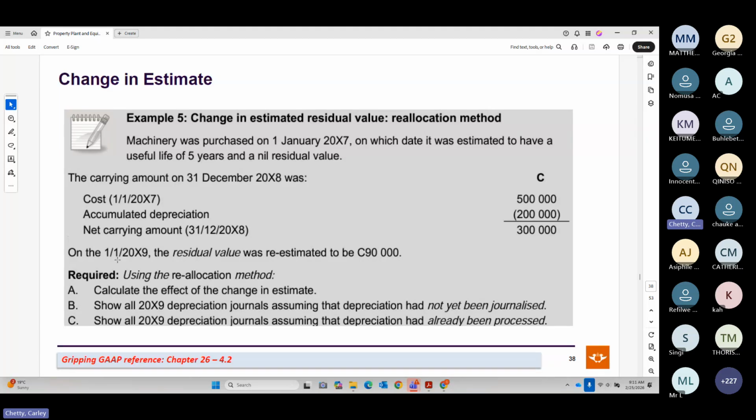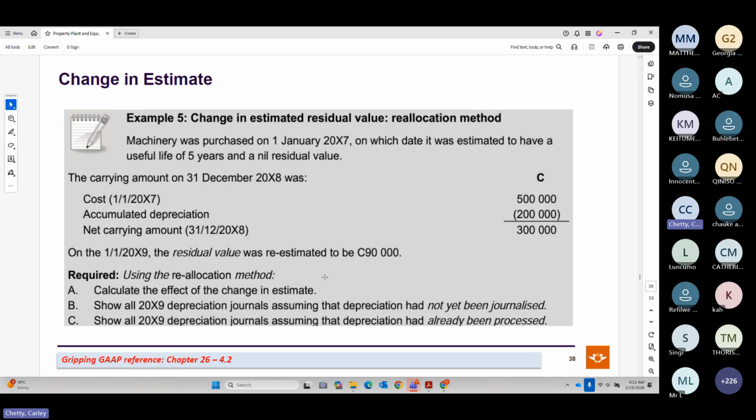However, on 1 January 20x9, the residual value is now re-estimated to be 90,000 Rand. So previously, from 1 Jan 20x7 to 31 December 20x8, depreciation was based on a nil residual value. But now on 1st Jan 20x9, the residual value is re-estimated to be 90,000.